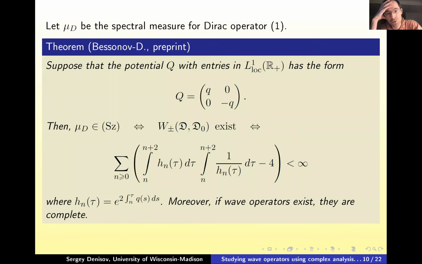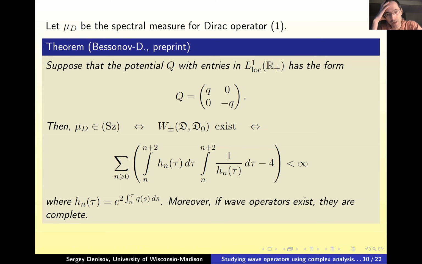What I want to do is formulate the recent result with Roman, which is in production. Here mu sub d is a spectral measure for a Dirac operator. This is an important remark: it's not just any Poisson finite measure, it's the one that comes from Dirac.